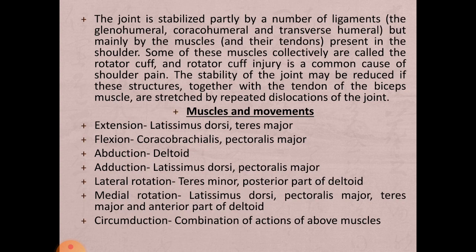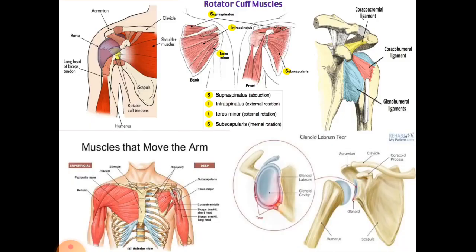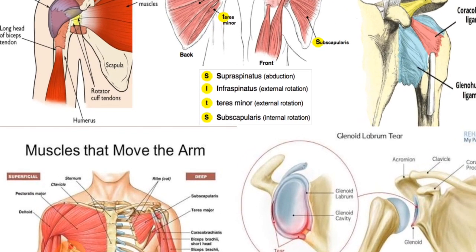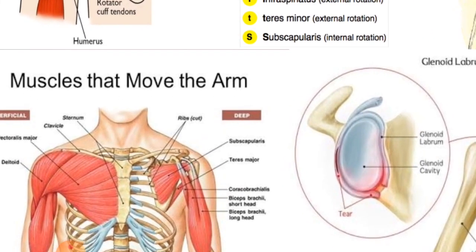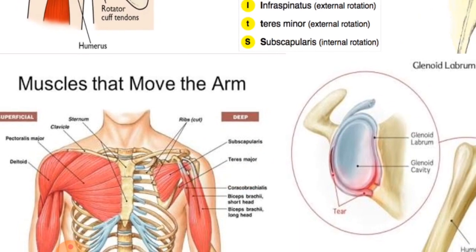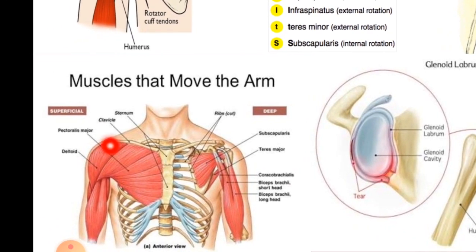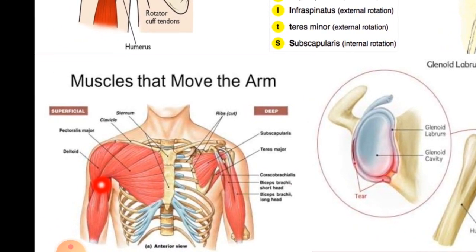First, we will talk about the extension, and for the extension we have the latissimus dorsi and the teres major muscle. Here we have the teres major muscle, and we know that the teres minor is just below the deltoid muscle, and these are the deep muscles.